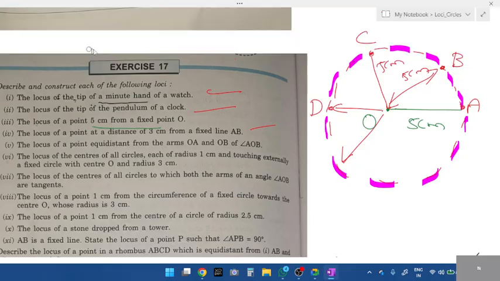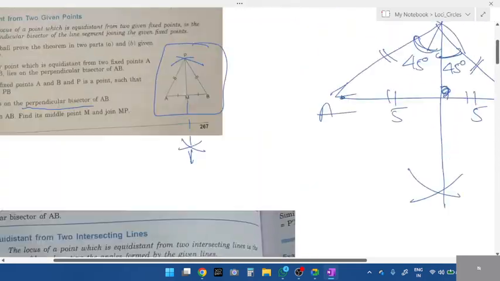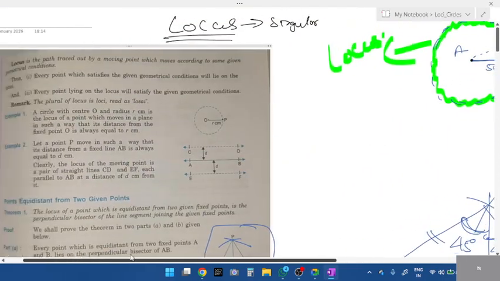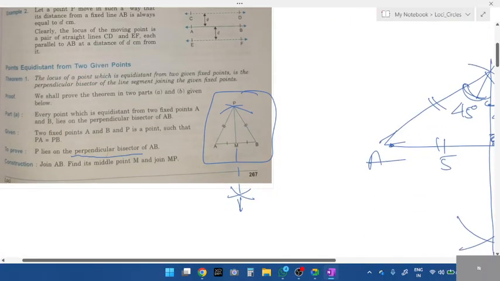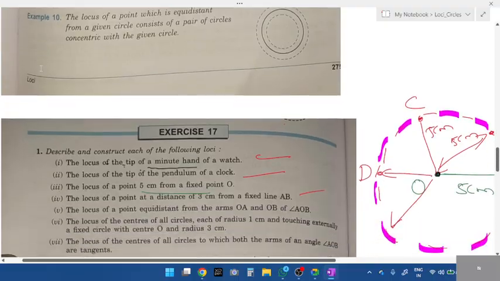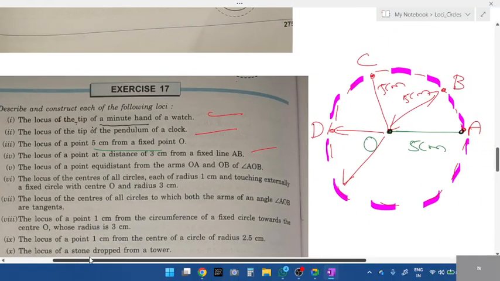So locus is just a path, and what was the geometrical definition given? Look here. A path traced by a moving point which moves according to some given geometrical condition. Fine. Here the point was A and the geometrical condition is 5 centimeter from a fixed point.